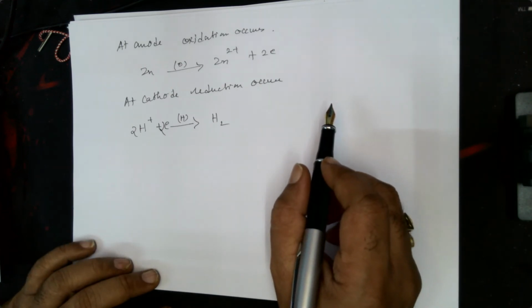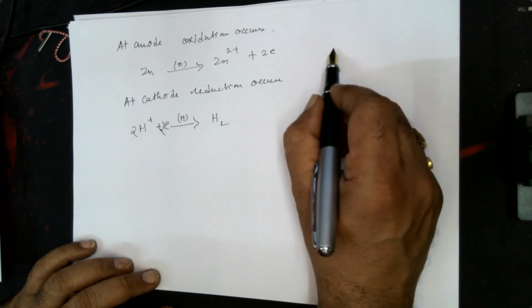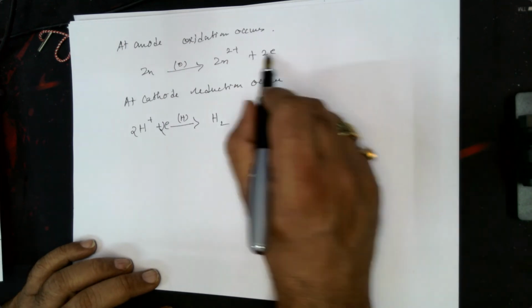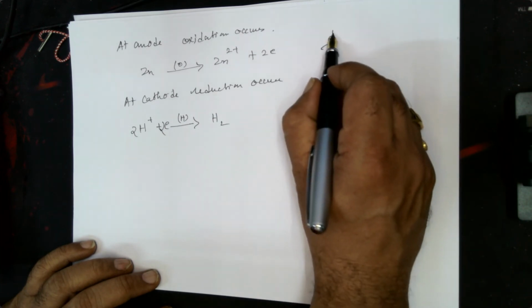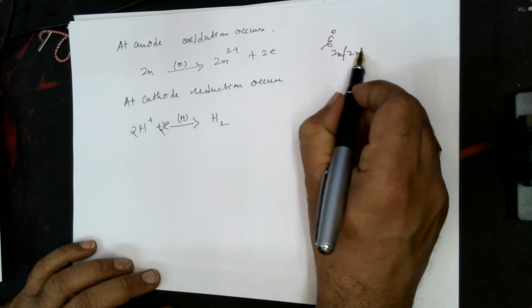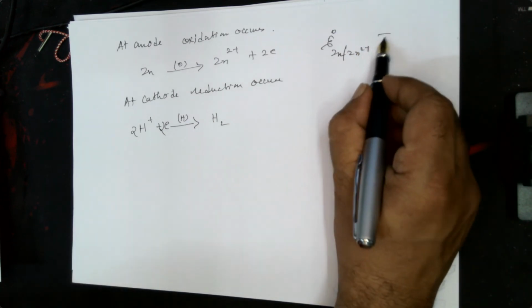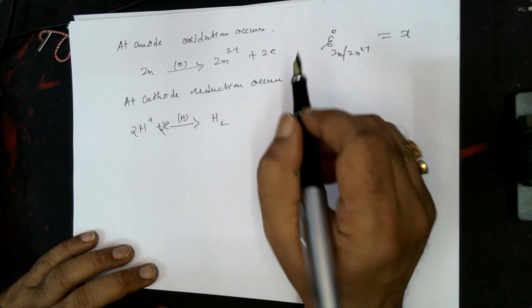Assuming that we do not know the value of this one, we are going to find out the standard electrode potential of zinc, Zn 2 plus bar Zn. Let me say X. That is our objective in this equation.